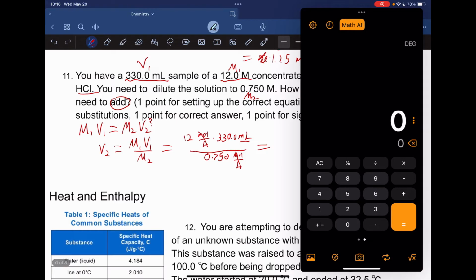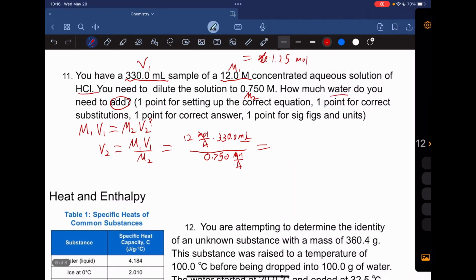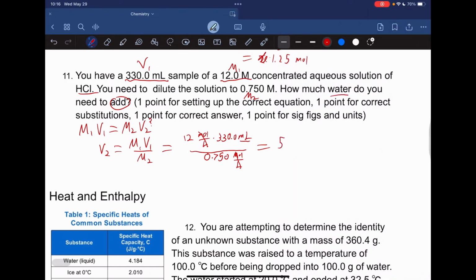Let's pull out the calculator and take 12 times 330 and divide that by 0.75, and we get 5,280. So 5,280 milliliters. Now, we originally had a 330 milliliter sample.